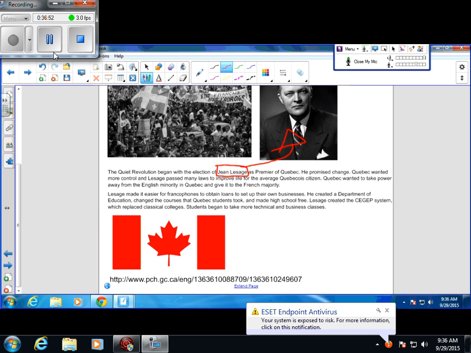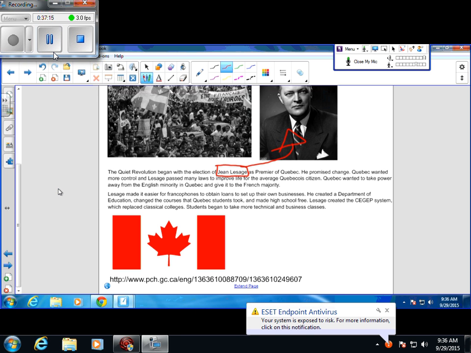He promised change. He promised Quebec more control. He would pass more laws to improve the quality of life of Quebec citizens. He wanted to take power away from the English and give more of it to the French-speaking Canadians.